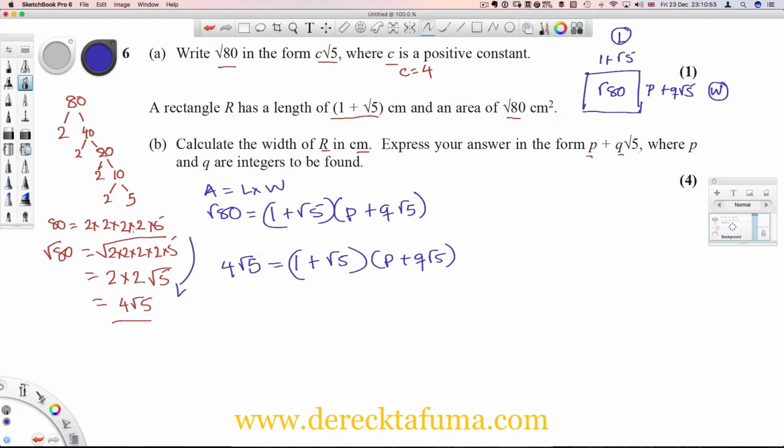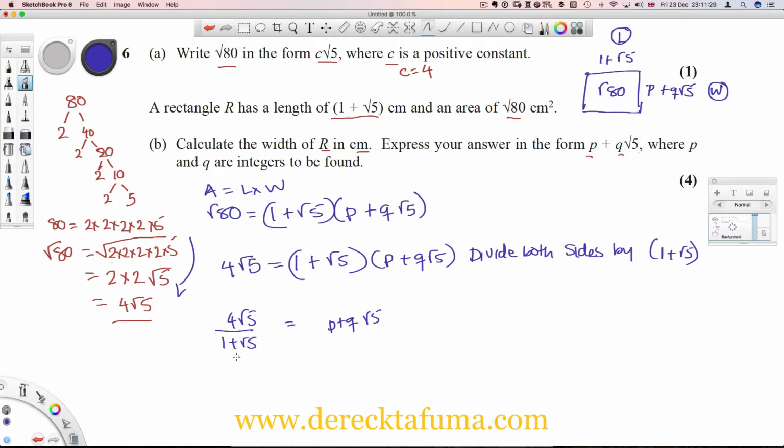So basically what we can do is divide both sides by 1 plus root 5. So 4 root 5 divided by 1 plus root 5 is equal to P plus Q root 5.